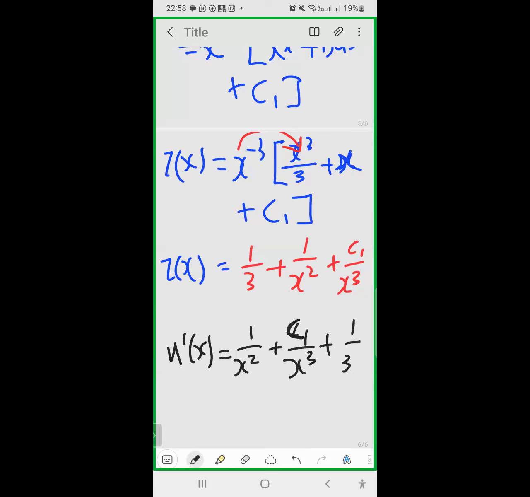And u prime of x is du over dx. It's going to be given by 1 over x squared plus c1 over x cubed plus 1 over 3.